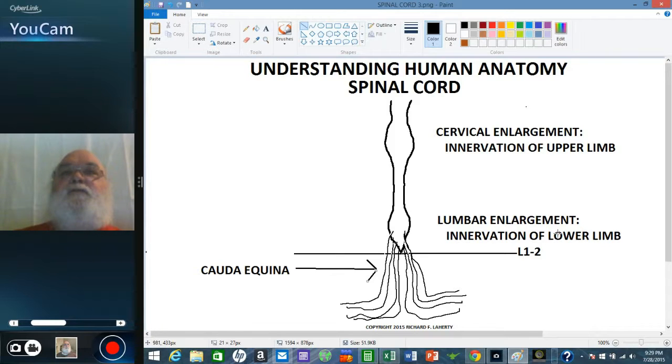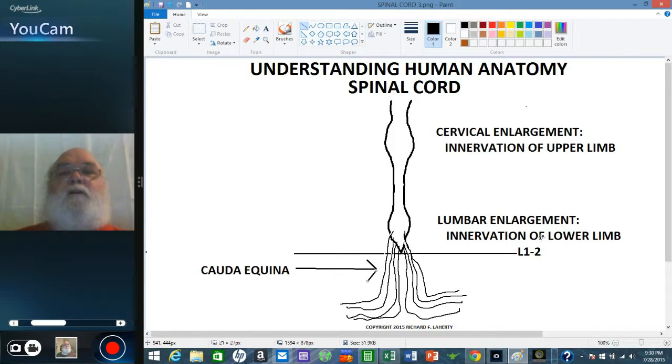The ventral root is motor. It's carrying only motor axons out to the spinal nerve. When you get to the spinal nerve, then you have the sensory and motor axons intermingling so that a spinal nerve contains both sensory and motor axons.